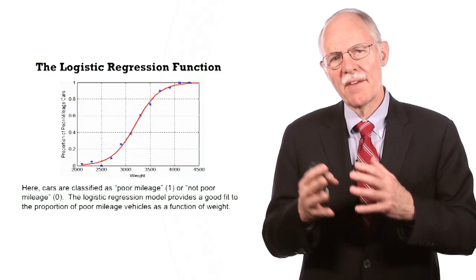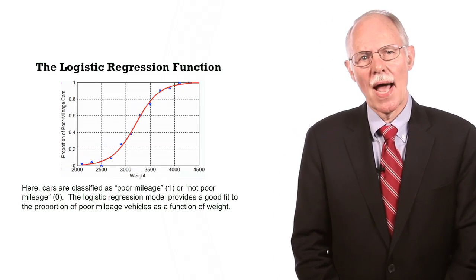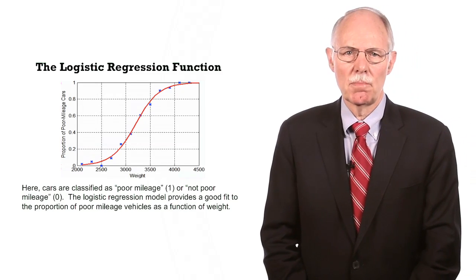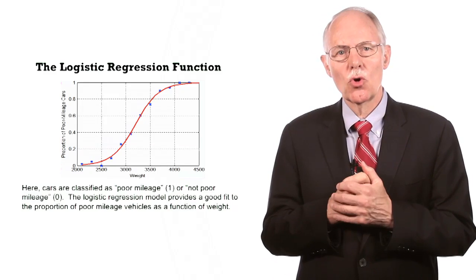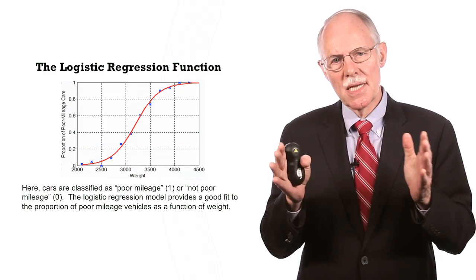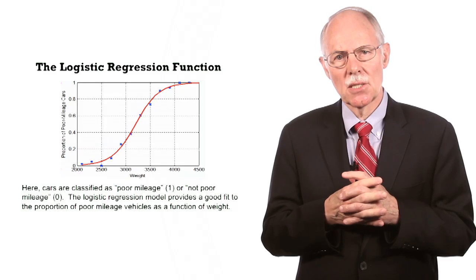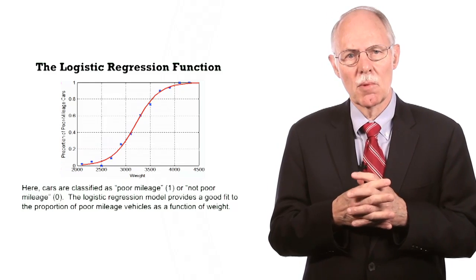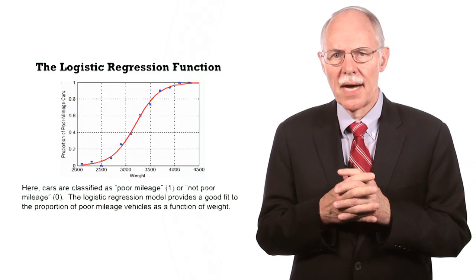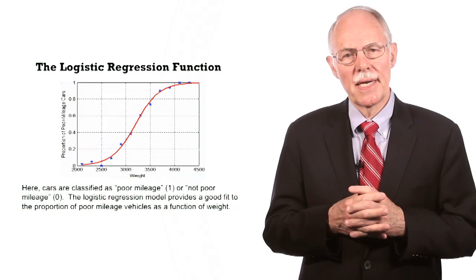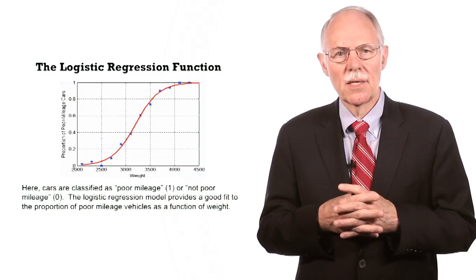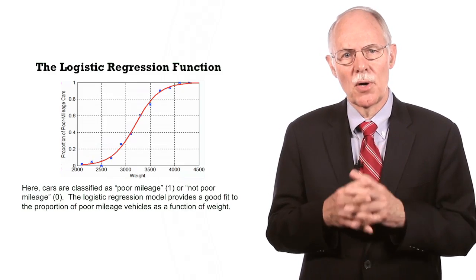Now I've shown you graphically an example of how the logistic regression function behaves. In this example, automobiles have been grouped by their weight. And you see the x-axis is the weight of the automobiles, varying from 2,000 to 4,500. And all the makes of car included in this study were grouped into small subgroups based upon their weight.